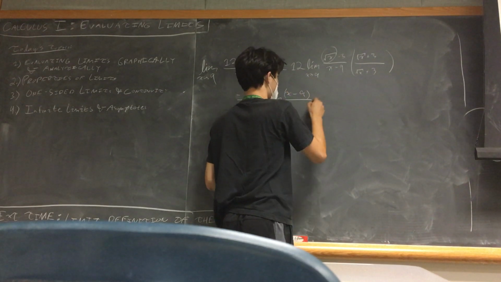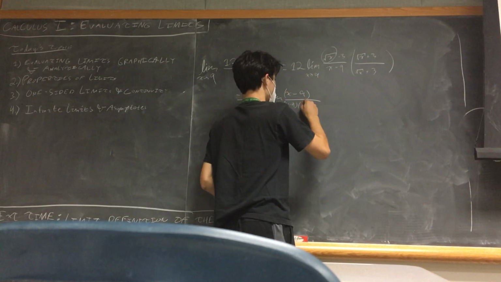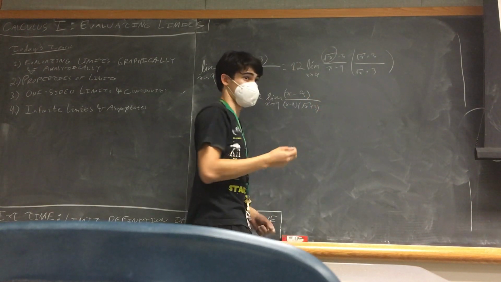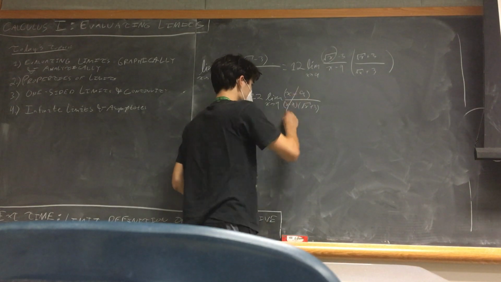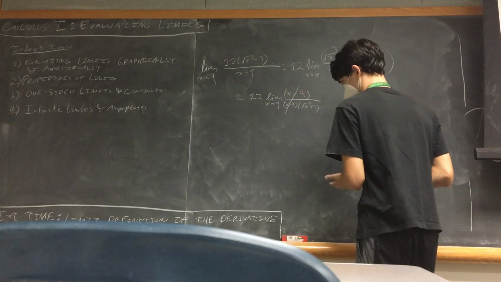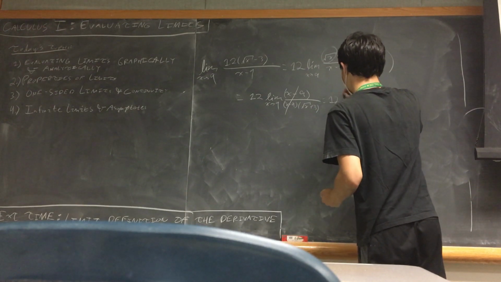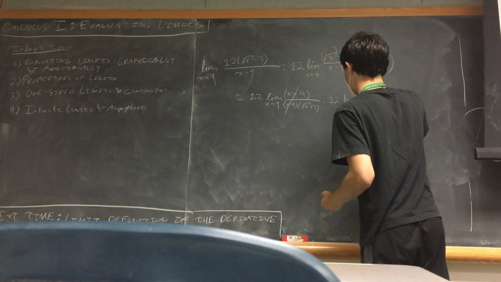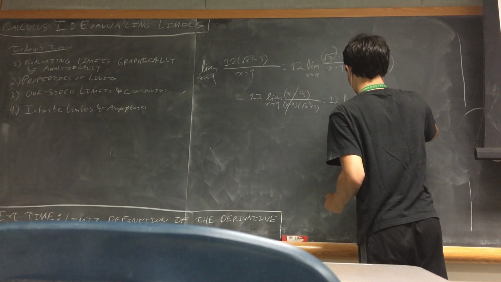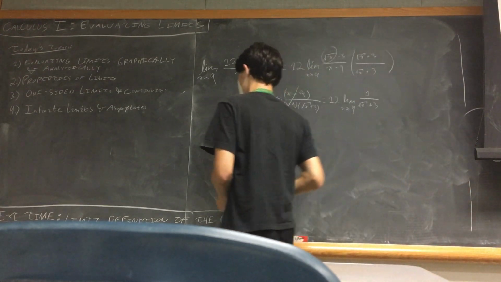You get x minus 9 over x minus 9 times square root of x plus 3. These cancel out, and we get our equivalent function to be 12 times the limit as x approaches 9 of 1 over square root of x plus 3.